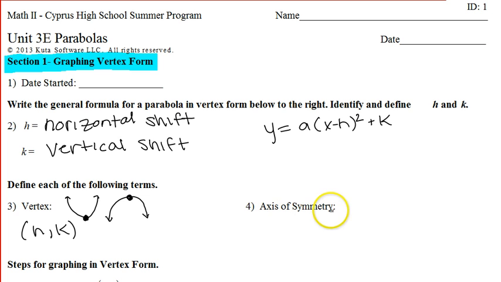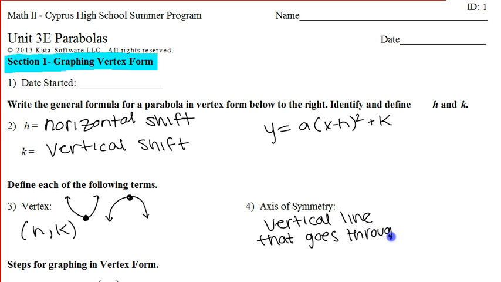The axis of symmetry is a vertical line that goes through the vertex. So we'll just draw one more parabola.